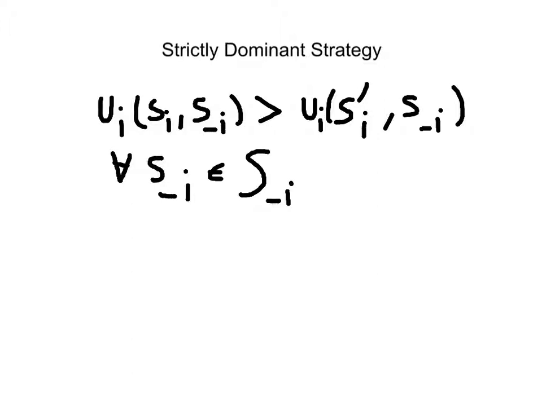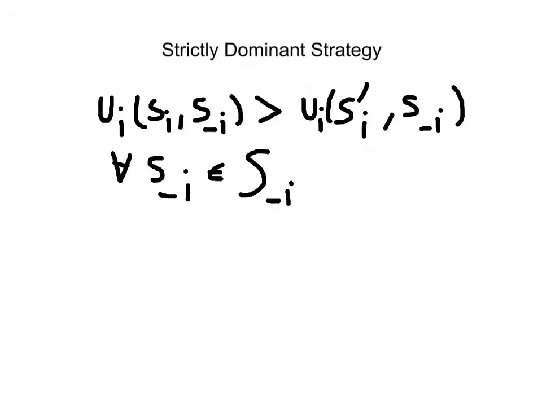This is true for all possible combinations of strategies played by other players. That's a strictly dominant strategy, and if you put in a weak inequality sign here, you will get a weakly dominant strategy. Okay.